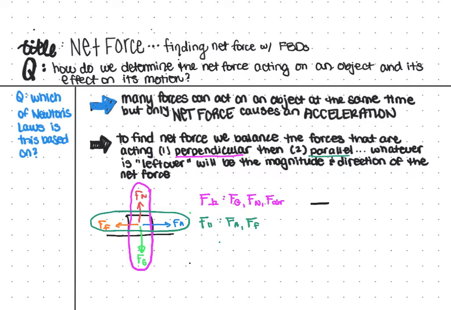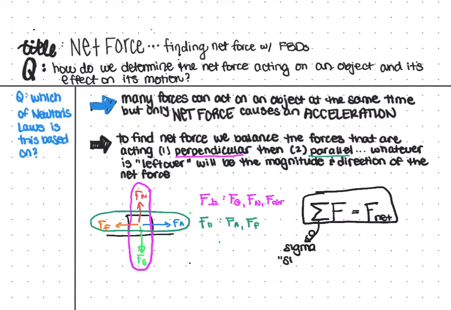The sum of all the forces acting on an object is equal to the net force acting on the object. So this is kind of a big idea. Again, this symbol here is sigma, which just means the sum of.